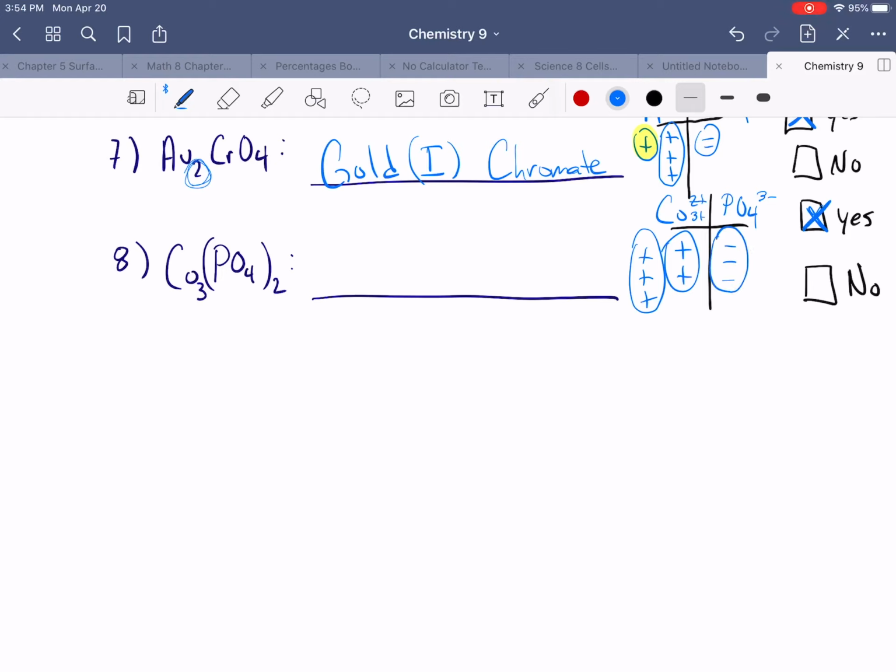Okay, which one did we use? It looks like they got numbers, a 3 and a 2. So it looks like they had to do the flippy-do. So it looks like we had to use cobalt 2. So we're going to write cobalt 2. And then that was, oh no, phosphate.